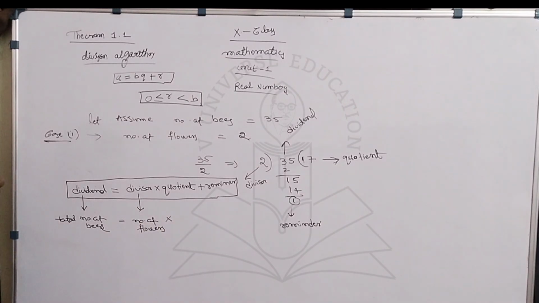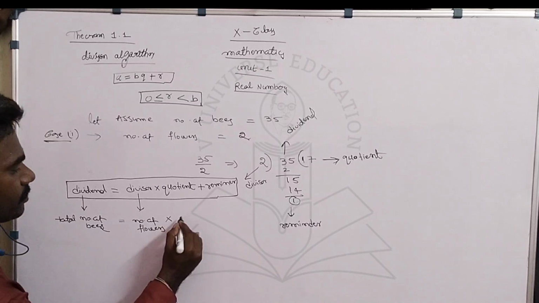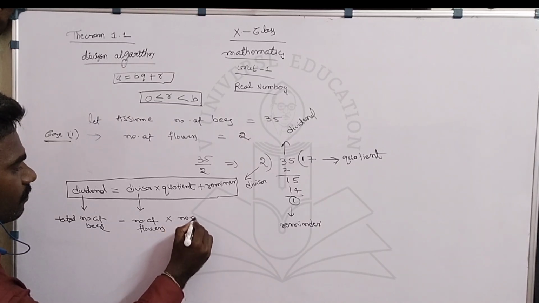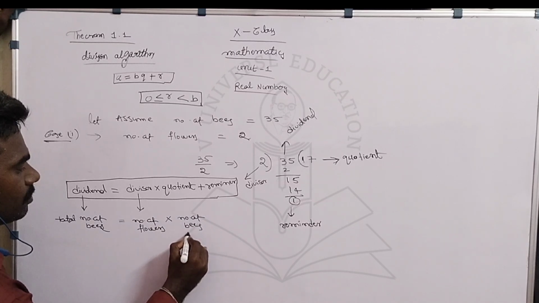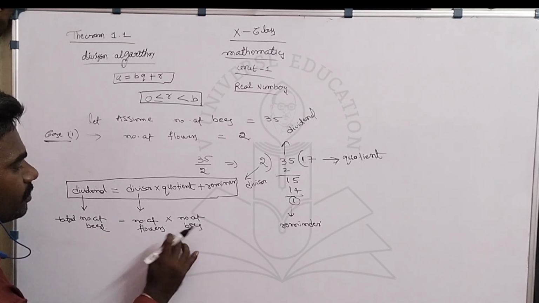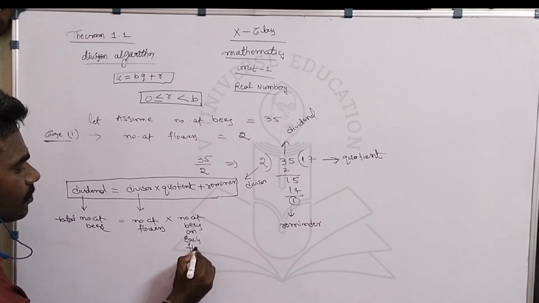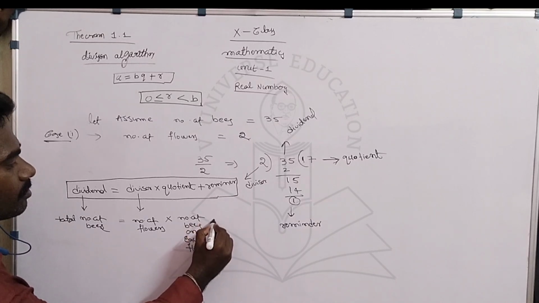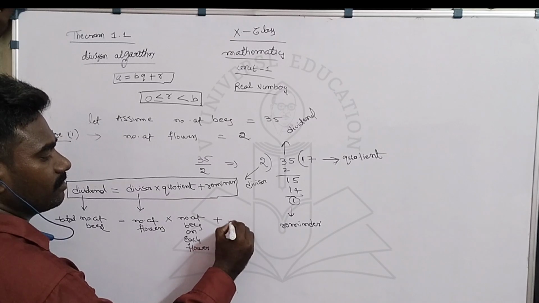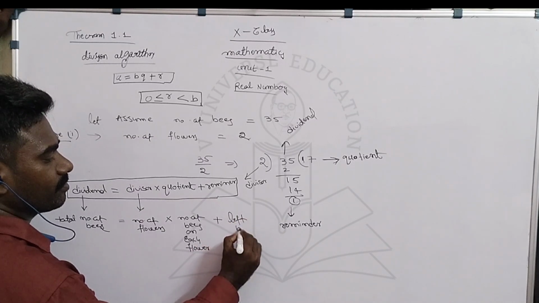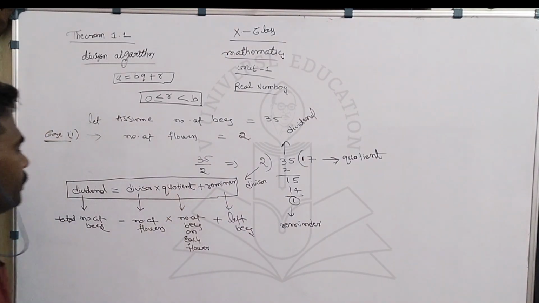This quotient is nothing but the number of bees on each flower, plus this remainder is nothing but the left bees.